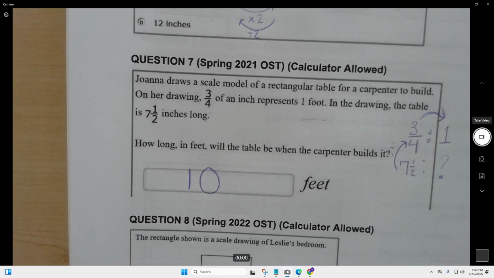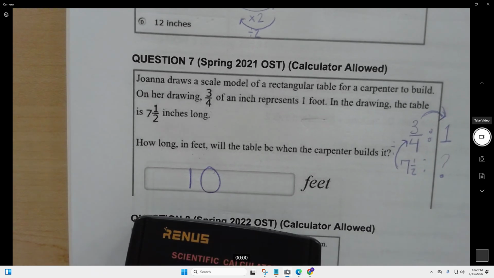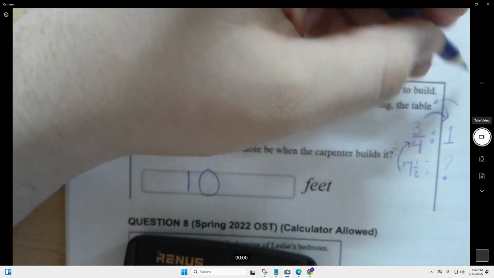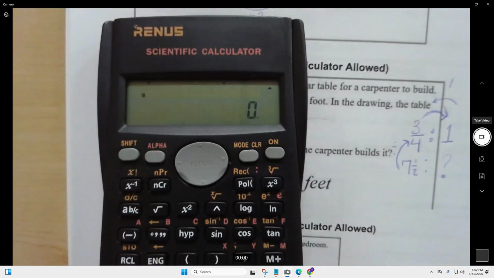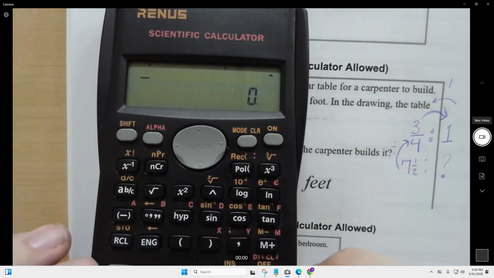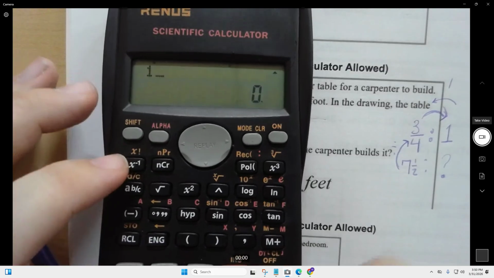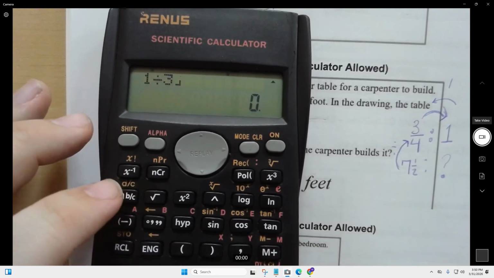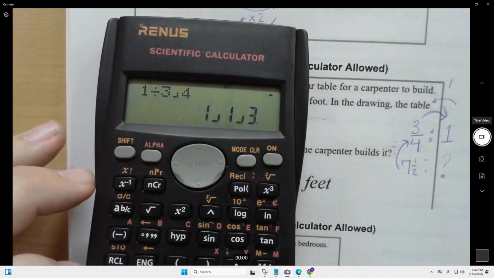Alternatively, you could have done it the way we did, where you found the scale factor by doing 1 divided by 3/4. Whoops. 1 divided by 3, ABC, 4, which gives you 1 1/3.